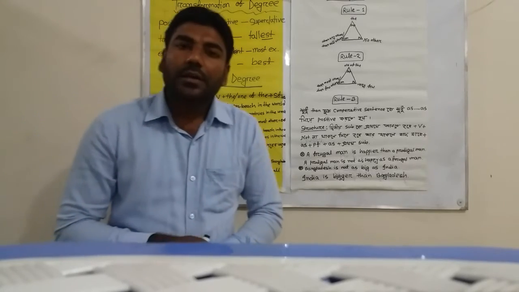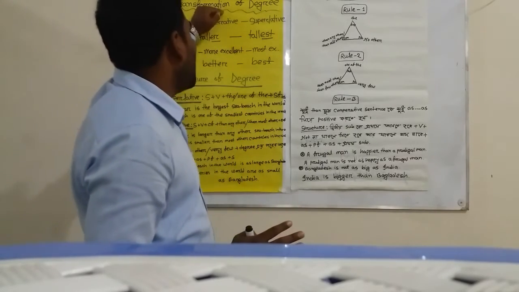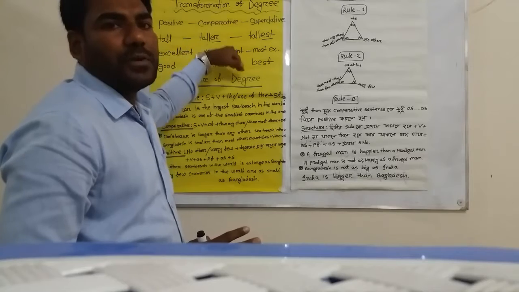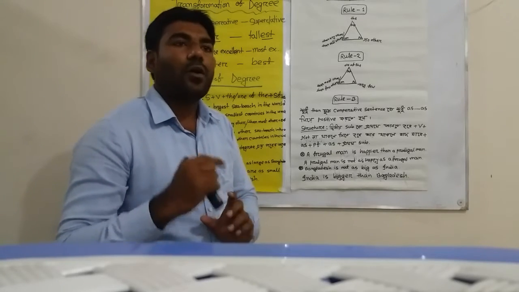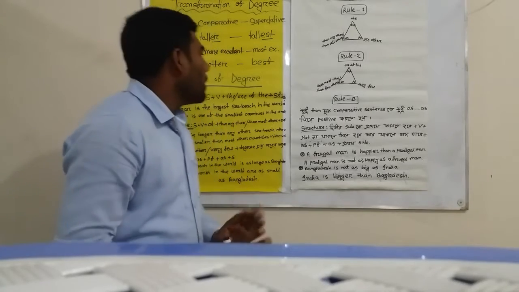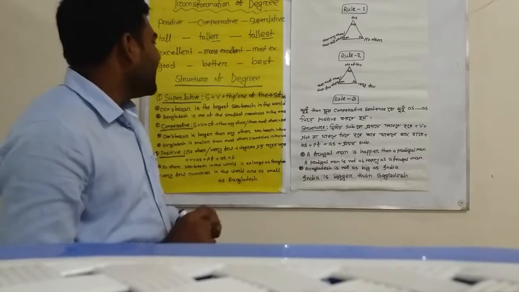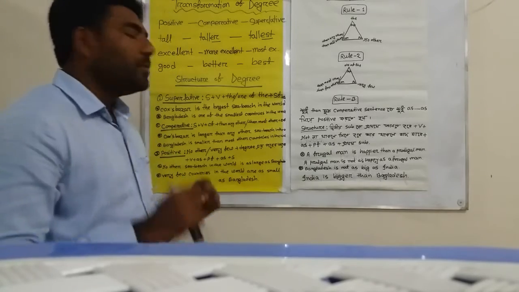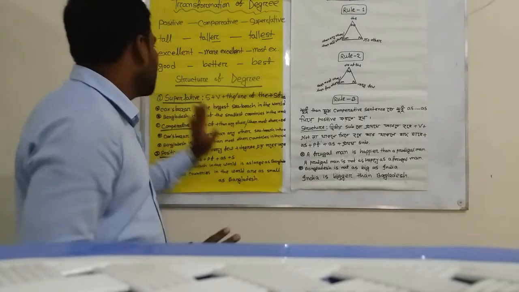Okay, dear viewers, now come to the point. This was the formation of word, formation of degree. How can you make the word superlative, comparative, positive? Now come to the structure of degree. If you want to make a sentence superlative, comparative, positive, you must follow the structure.